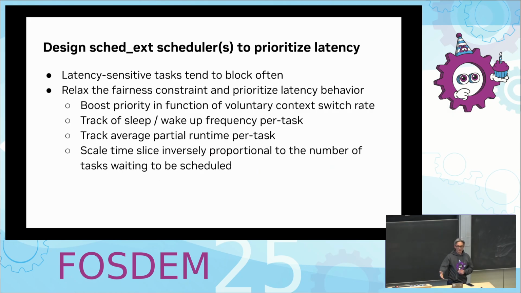So the idea is to detect, for example, when tasks are often releasing the CPU, like detecting the voluntary context switches. Those that have a high rate of voluntary context switches can be prioritized more, and in this way the task you care about simply gets more chances to run, in the presence of background noise, other tasks running in the system.